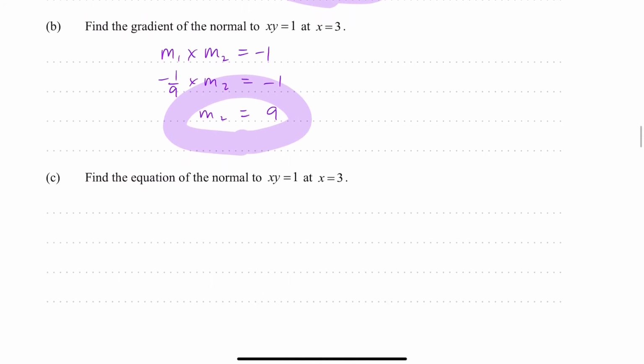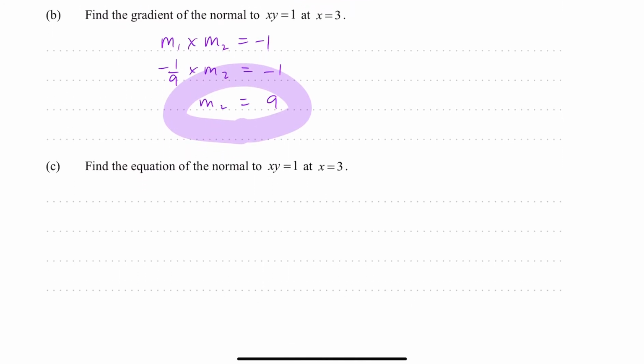And the last one, before I close out this video, is finding the equation of the normal. Once you have the gradient, we need a gradient and a point, so we want to sub it into this. We already have one x coordinate. We need to know the corresponding y coordinate.